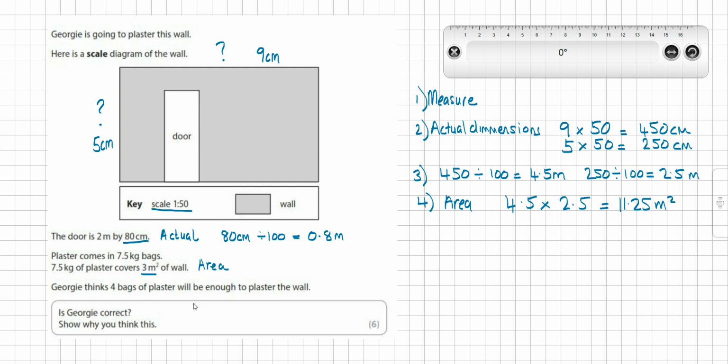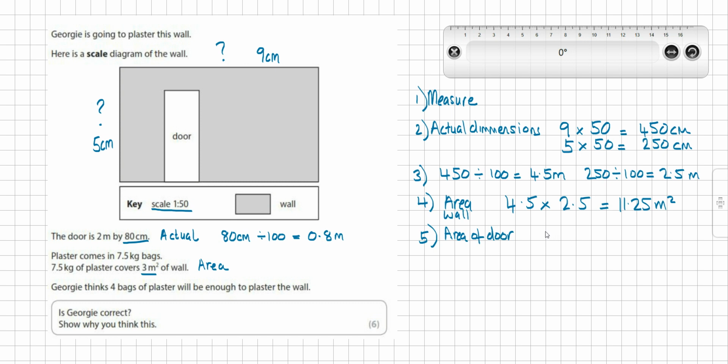Now, here's where we need to use a bit of logic. We've been given the actual measurements of the door, and clearly we don't want to plaster over the door. So I'm going to put area of wall, because I think what we need to do next is work out the area of the door, and then subtract that from the overall area, because we don't want to plaster over the door.